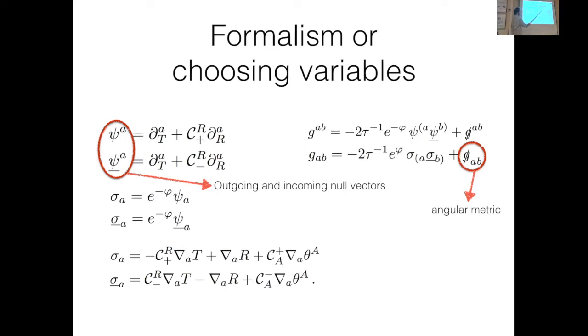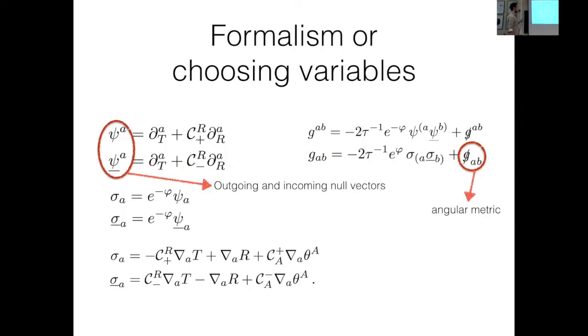We have freedom in choosing the factor as well, and that factor was chosen so that g slash is orthogonal to the null covector fields. That also makes things significantly simpler.